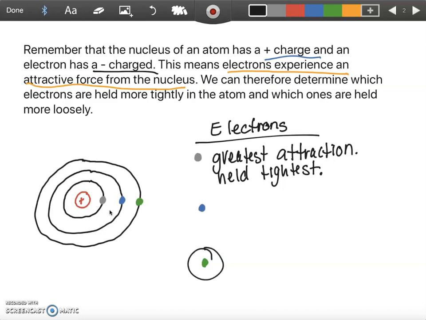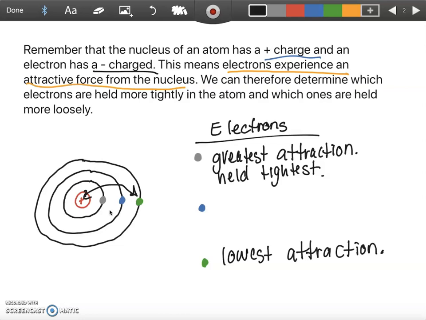For the green electron, which is the furthest away, because that distance between the nucleus and the electron is so far, this will experience the lowest attraction. And because the attractive force between them is so low, this one is held the loosest.